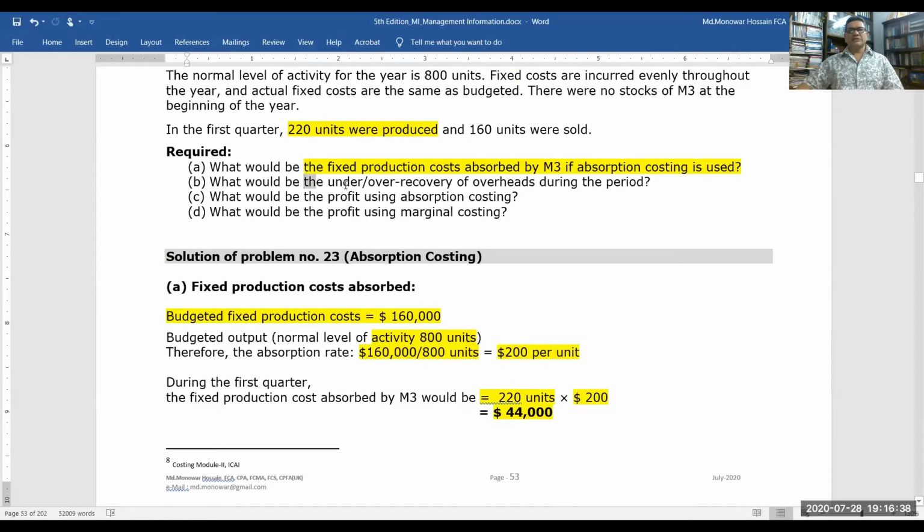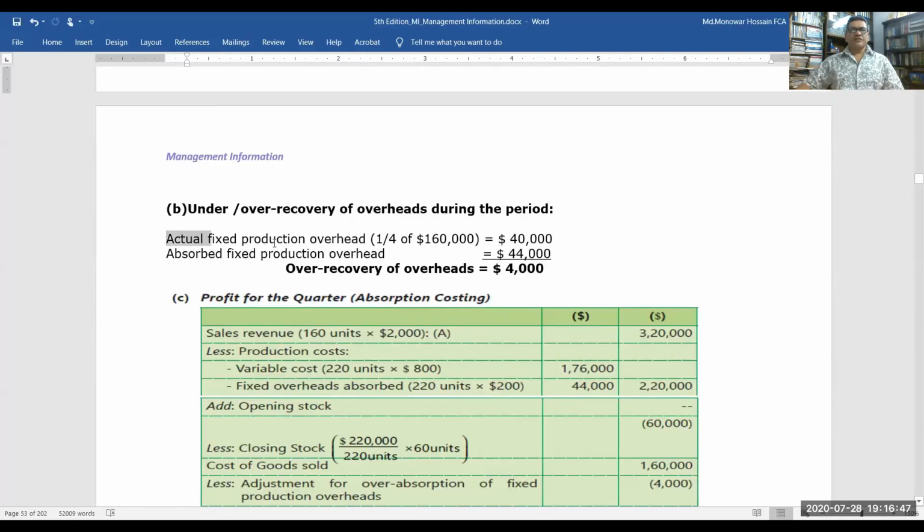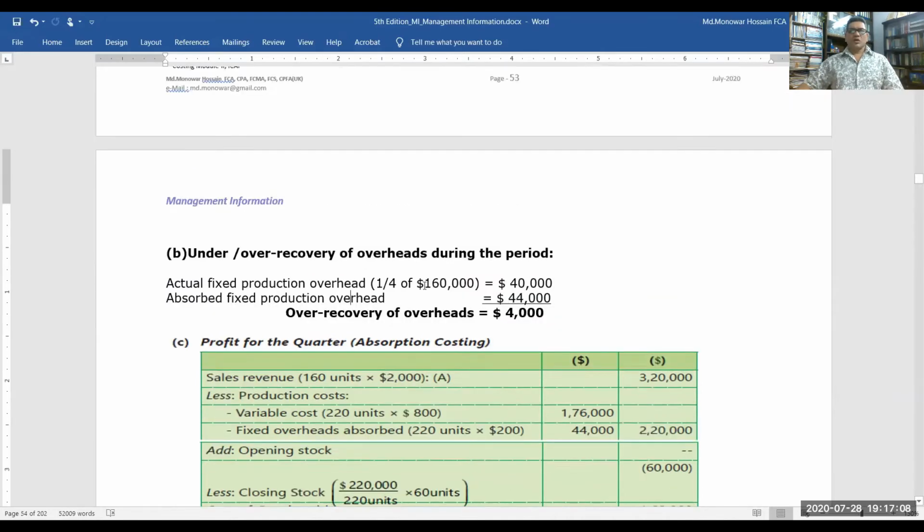Now, what would be the under or over recovery of the overhead during the period? Actual fixed production overhead for the quarter is 1/4 of 1,60,000, which is 40,000.